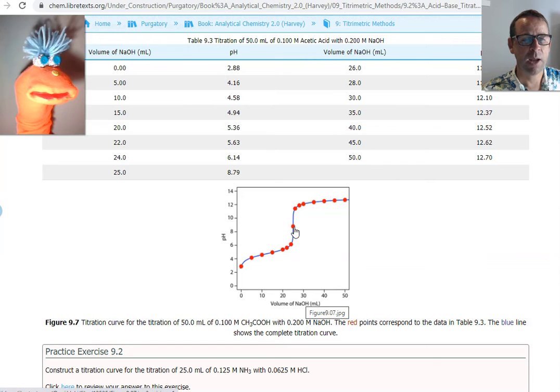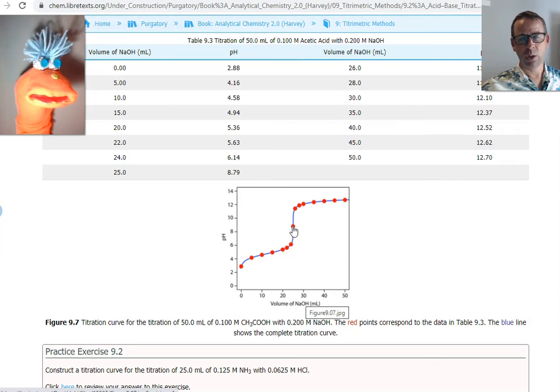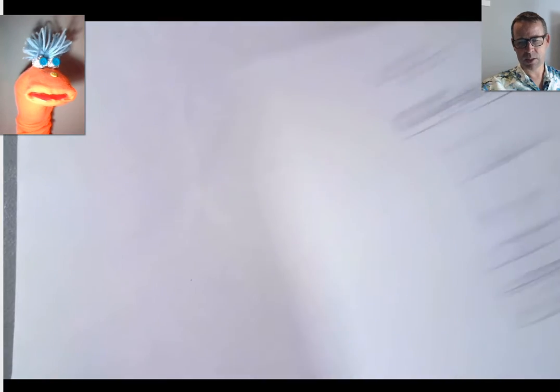All right? Everybody thinks that a titration curve passes through pH 7, and it does, the curve will pass through pH 7, but the endpoint won't be at pH 7 if you're titrating a weak acid, okay? And this is why. Let's look at why that's the case.